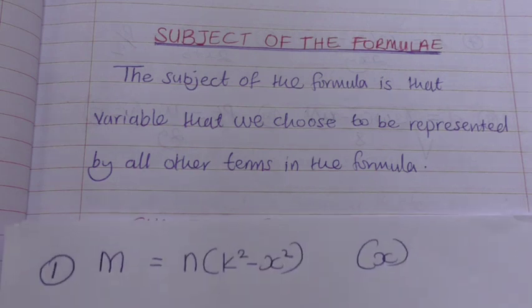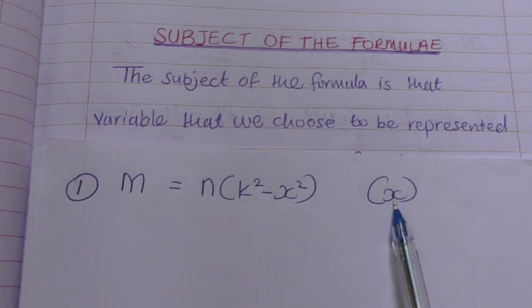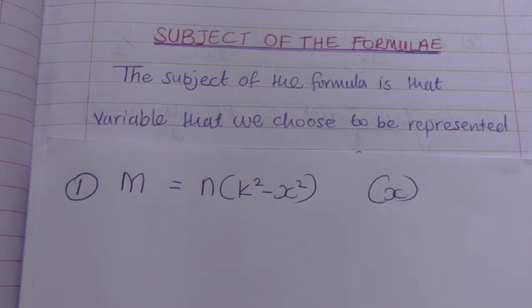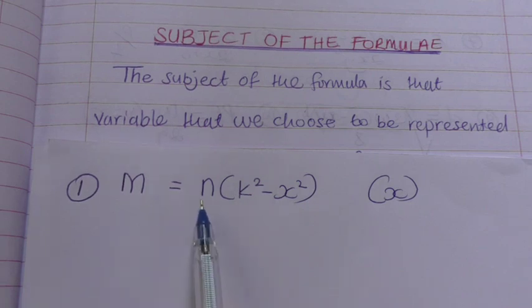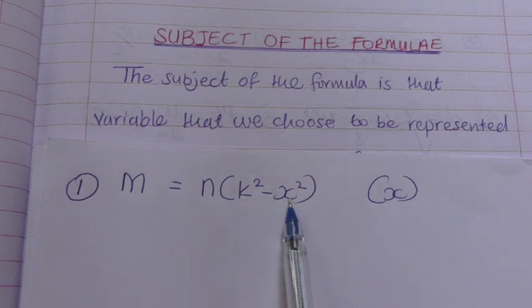In our example number one, we are making the variable in the bracket the subject. So our first formula is m equals n into k squared minus x squared.